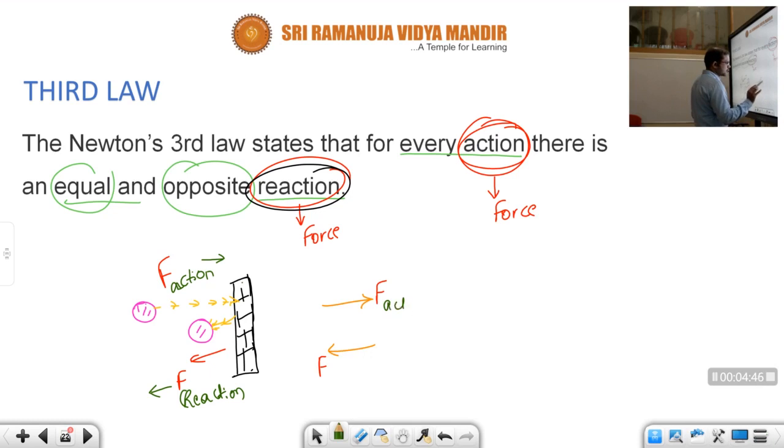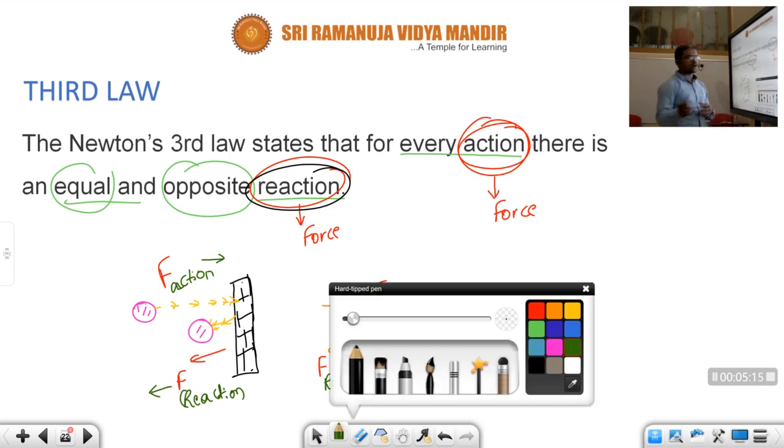Here this one is action, children. This one is reaction. The only thing is, children, the magnitude is the same. The force exerted during the action and the force exerted during the reaction are of the same magnitude, but the direction will be completely opposite.